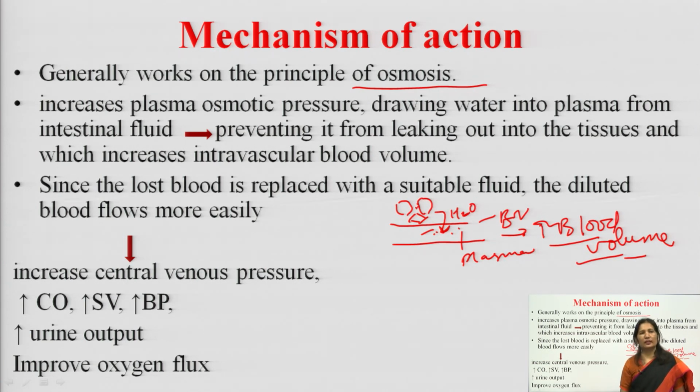Since the lost blood is replaced with a suitable fluid, the diluted blood flows more easily. So, tissue reperfusion will be improved, oxygen supply will be improved. It will increase central venous pressure, cardiac output, stroke volume, blood pressure and urine output, and thus it improves oxygen flux.